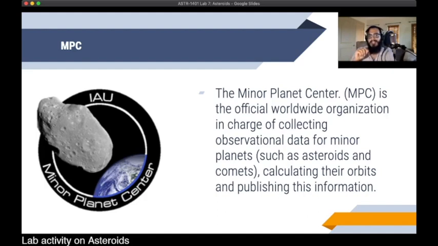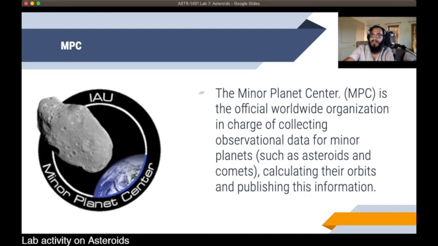Now, the key word here is that it's a worldwide organization. This is a big collaboration across all major countries that have space programs, including the US, Russia, China. We all pitch in to publishing and finding this information.